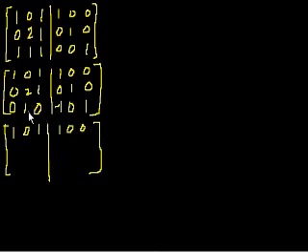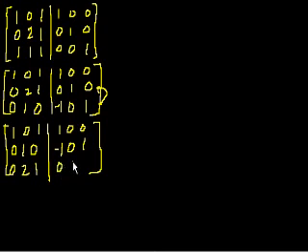Now my second row is 0, 1, 0, and I have to swap it on the right-hand side. So it's minus 1, 0, 1, right? I'm just swapping these two. Then my third row now becomes what the second row was: 0, 2, 1, and 0, 1, 0.